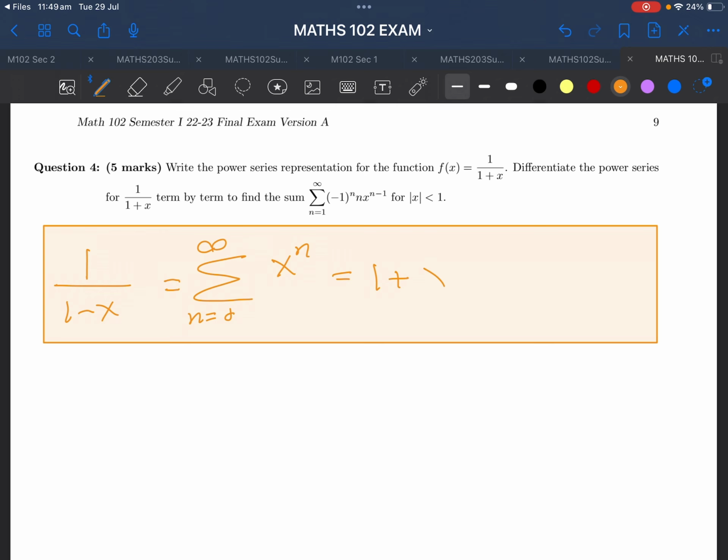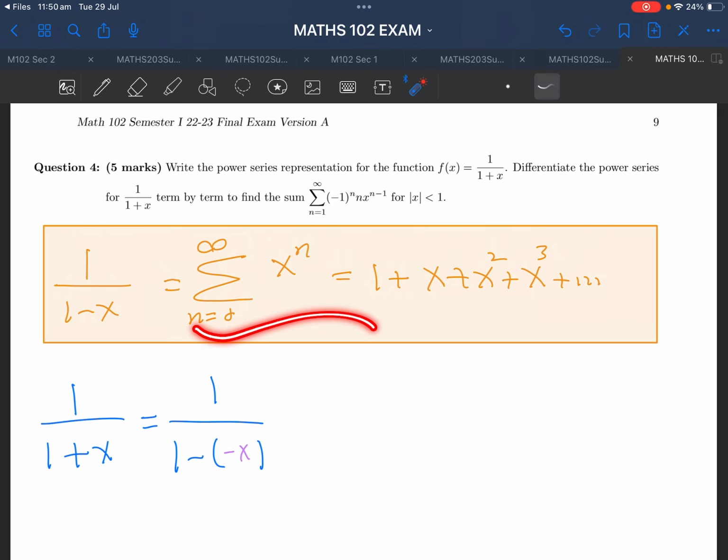If we write it in expanded form, it will be in that way. Now, my question is not 1 minus, it is 1 plus x. So we need to adjust it. How do we adjust it? We just write minus x. So it will be minus minus. Now, use this formula here, and instead of each x, write minus x.